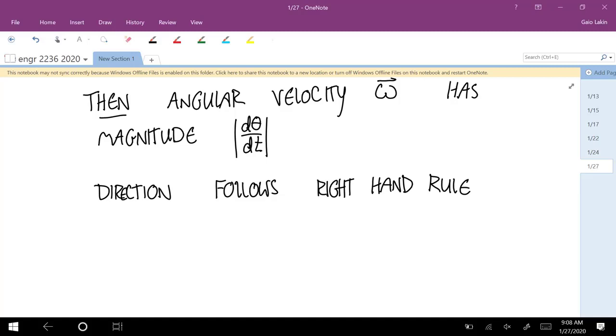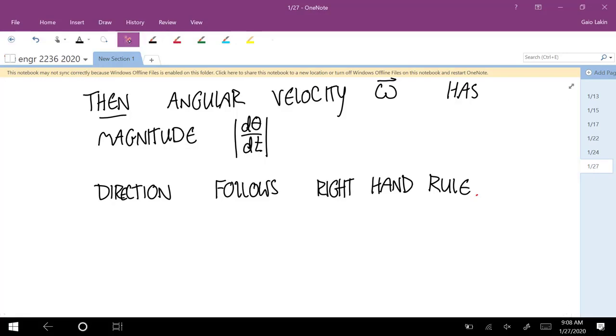Whereas if you expand way out, something would be going really fast that's going over a big circle, but if the angle is changing the same amount over the same time, then the angular velocity is the same.